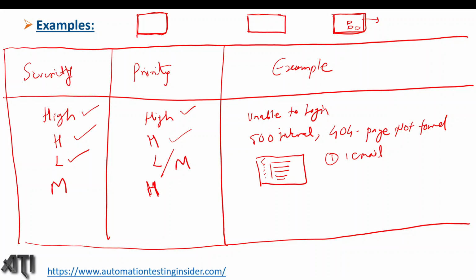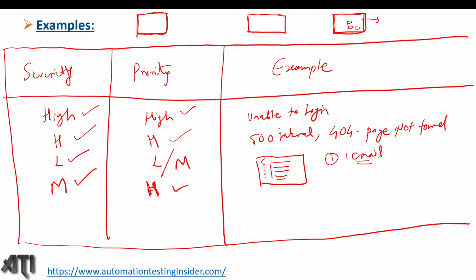Why is it medium severity? Because we are able to test the delete functionality, however we are able to delete only one email at a time. So that's the reason it is medium severity. But why high priority? Because we might need to delete all the emails together, all the emails at one time. So that's the reason we assign it as a high priority defect, correct? So this is an example of medium severity and high priority.